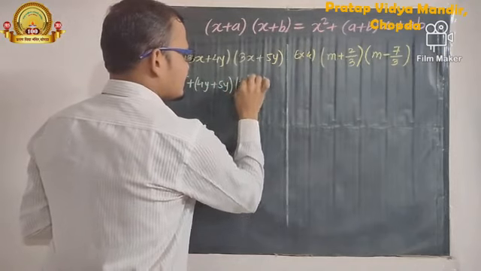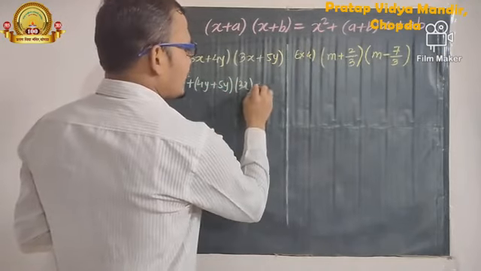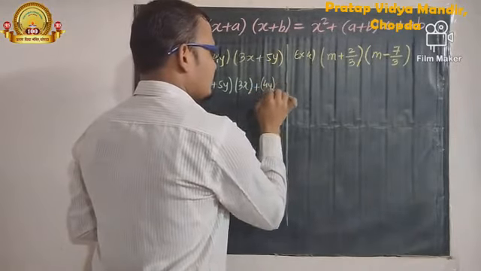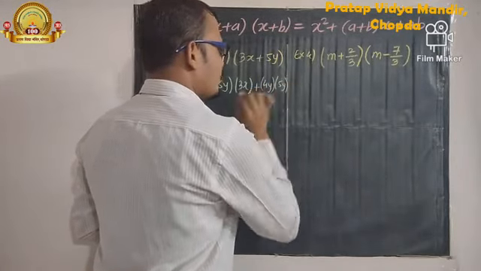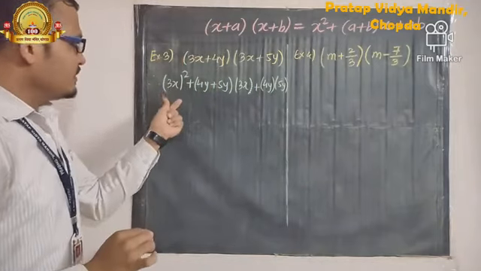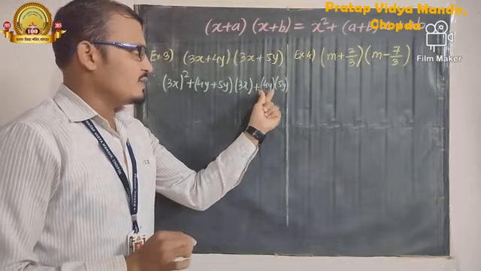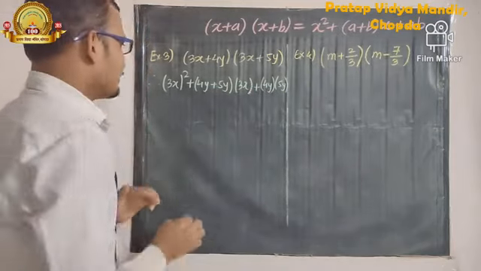X is 3x plus a into b. What is a? A is 4y and b is 5y. So 3x square plus 4y plus 5y into 3x plus 4y into 5y.